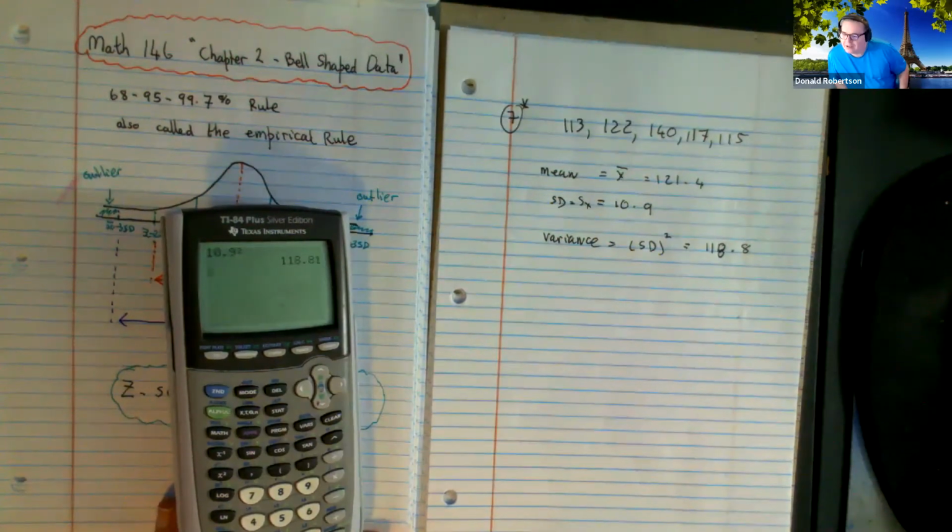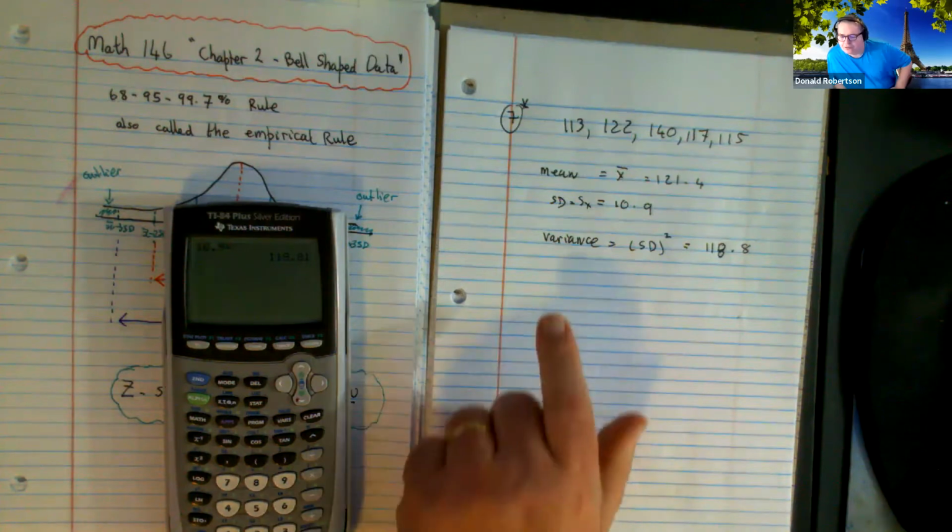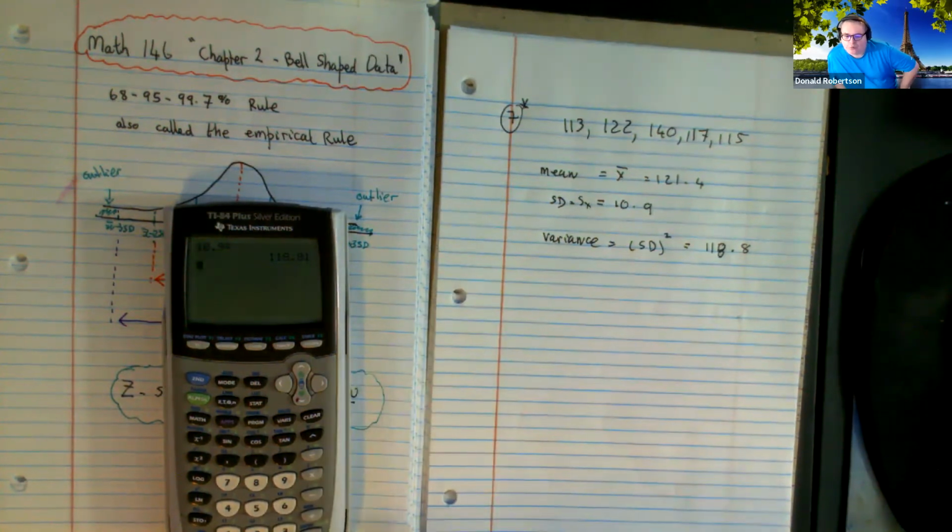Hey, no biggie, right? Why do they have 2 measures of spread? One's called standard deviation, and the other's called variance. There are some more advanced uses for variance. They get used in some formula, and it's just easier to call it variance than it is to call it standard deviation squared.